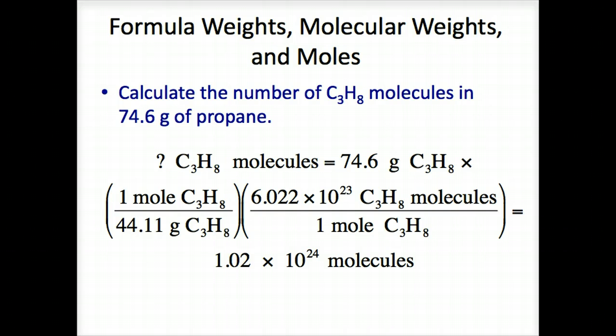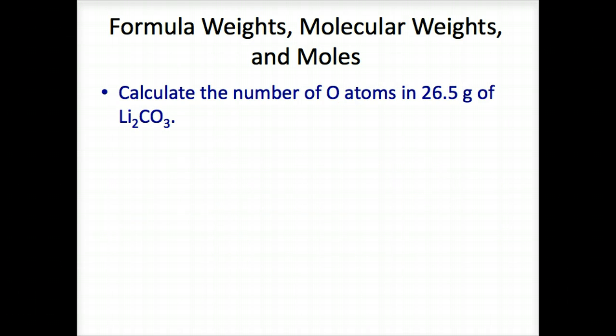We have done our calculation to show that there are 44.11 grams of propane for every 1 mole of propane, and then we know from Avogadro's number that there are 6.022 times 10 to the 23rd propane molecules for every mole of propane. This gives us an answer of 1.02 times 10 to the 24th molecules of propane in 74.6 grams. Now we need to calculate the number of oxygen atoms in 26.5 grams of lithium carbonate.